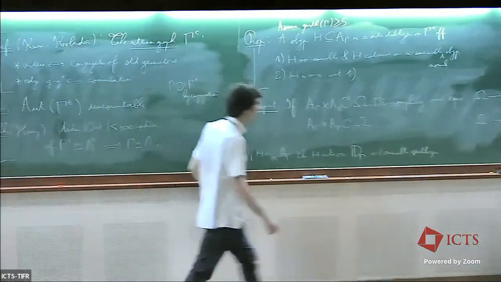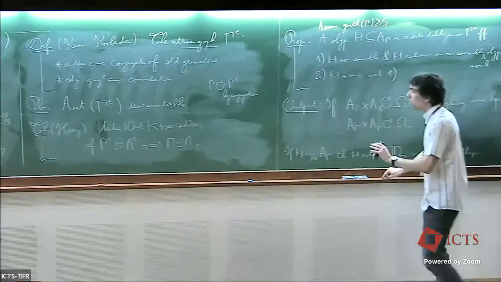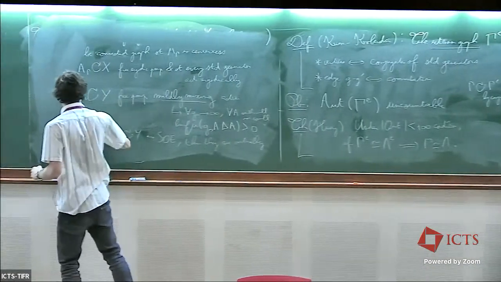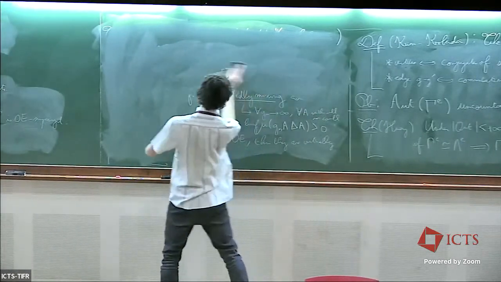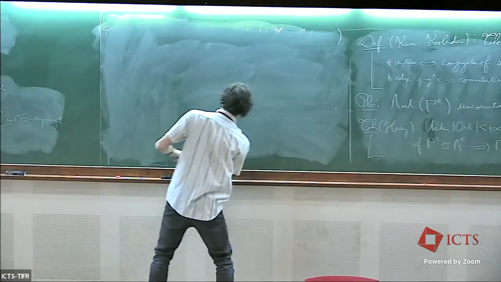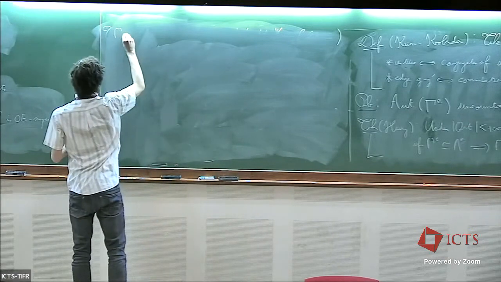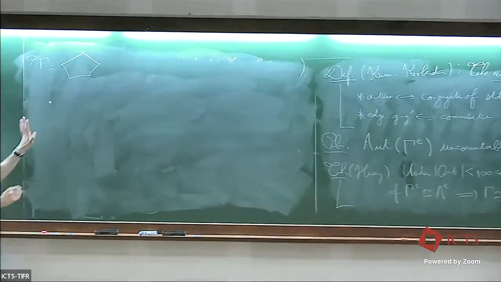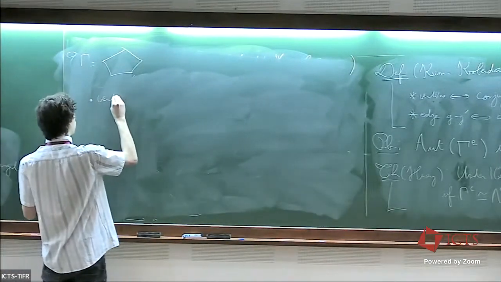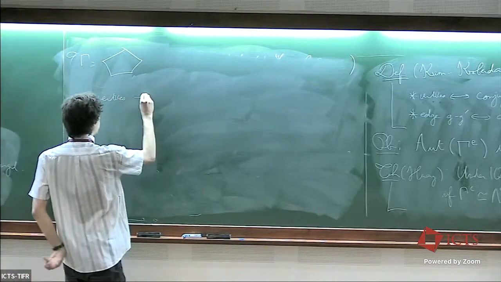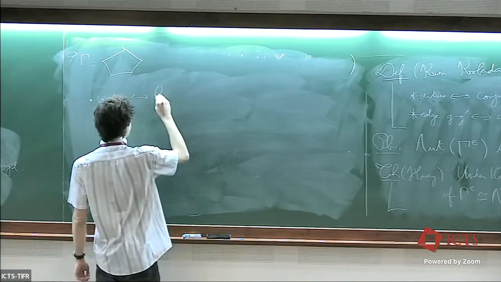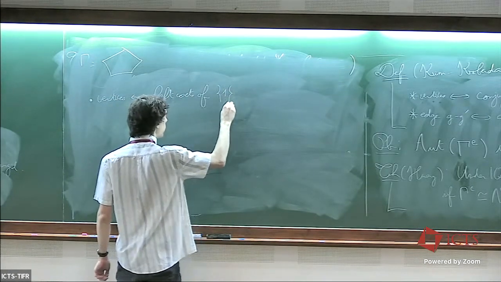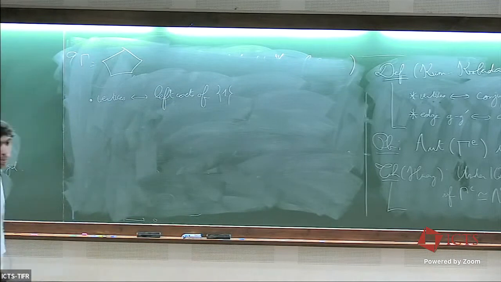Oh yes, I can. Let me draw it, maybe for gamma a pentagon. I will define it first as a simplicial complex, not a cube complex. The vertices are: you have one vertex per element of the group, that is, left cosets of the trivial subgroup.